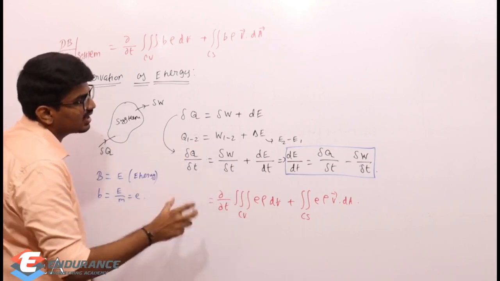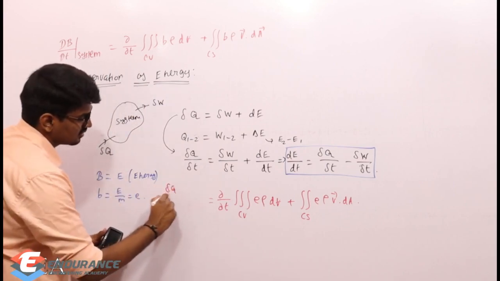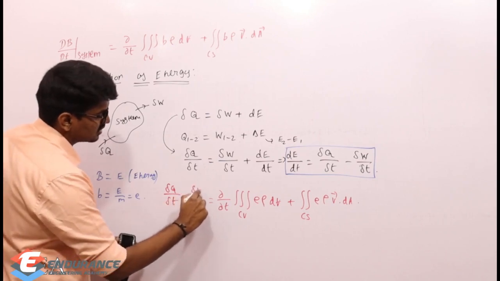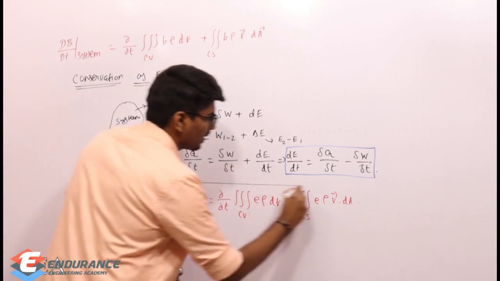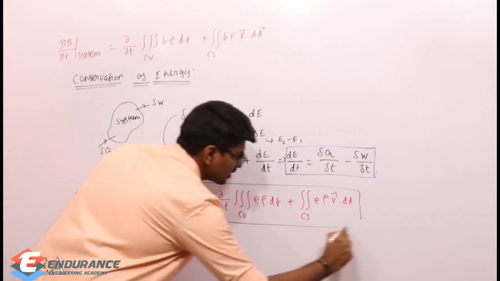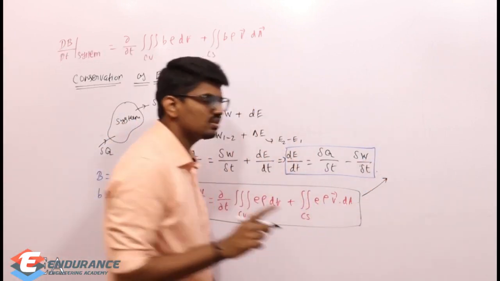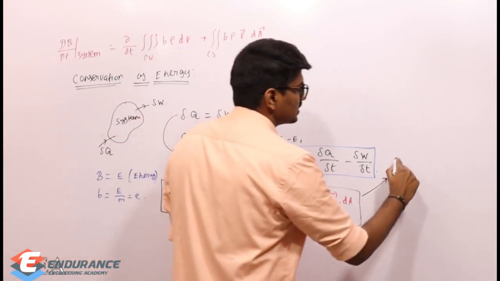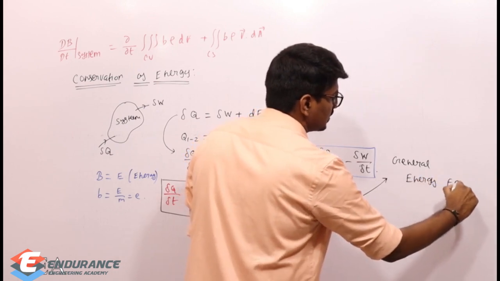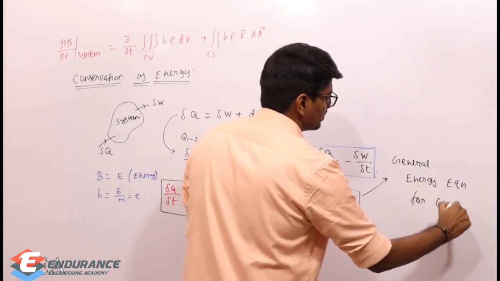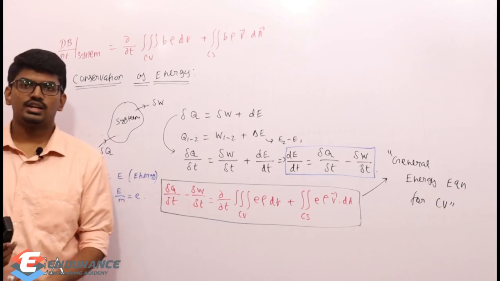So in place of dE by dt, I am replacing it with delta Q by delta T minus delta W by delta T. So this gives us the energy equation, and you can call it either the conservation of energy equation for a control volume, or in other words the general energy equation for a control volume. I am linking the concept of system with control volume and control surface.